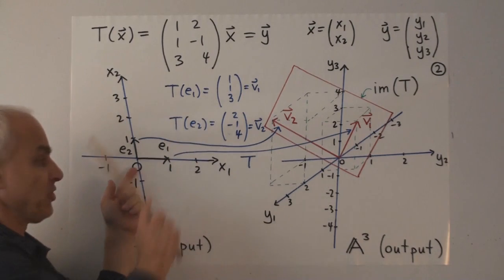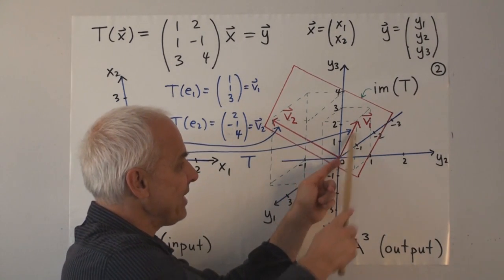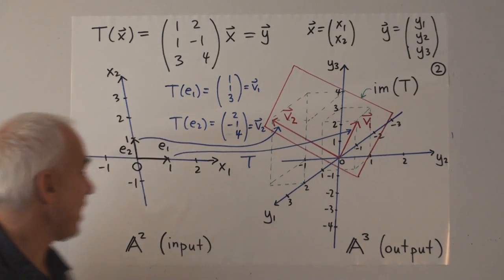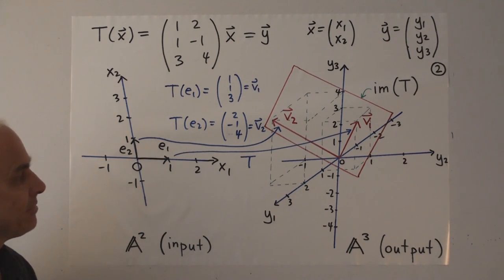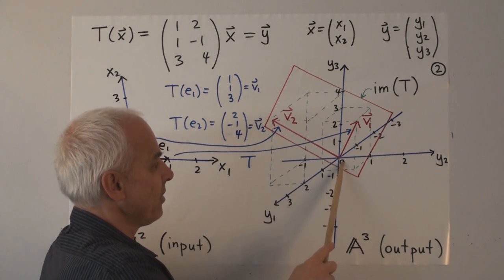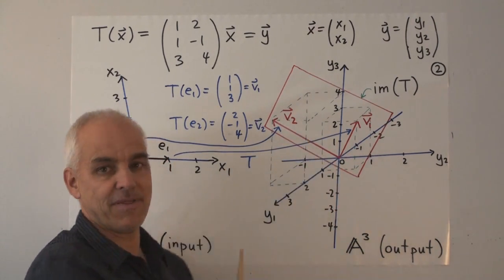So every other vector in the space will be sent to a linear combination of v1 and v2. For example, the vector 1, 1 over here, which is e1 plus e2, will be sent to the vector v1 plus v2, which would be the vector in the same plane up in that direction.